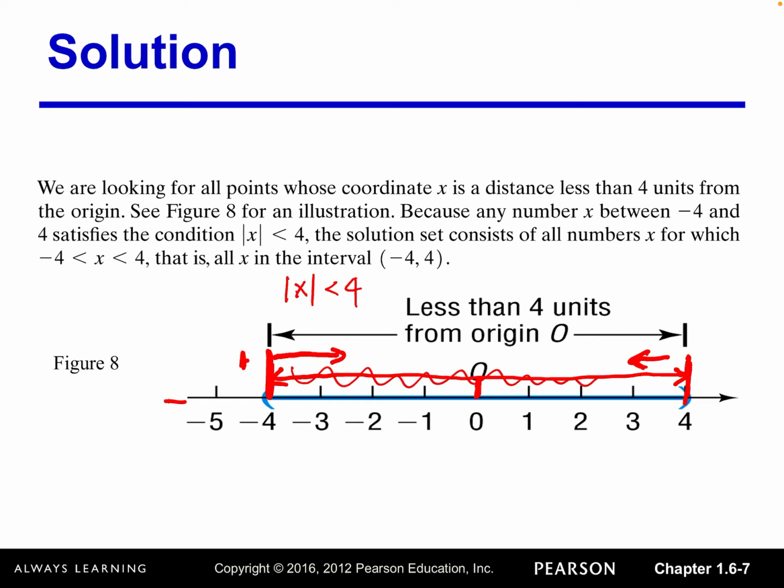So anywhere between those two boundaries will be the solution set. So the solution set for absolute value less than a positive number will always be a combined inequality. Okay, so the solution set x should always be between the lower boundary and the upper boundary.